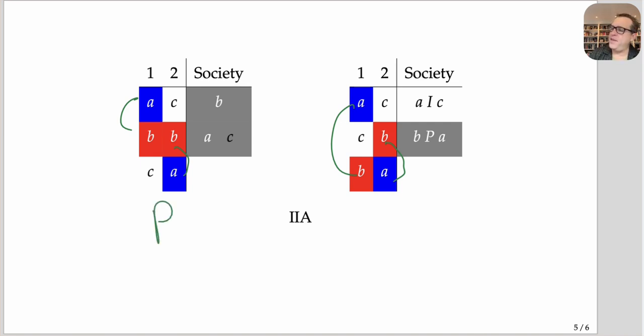In profile P, voter 1 ranks A above B and 2 ranks B above A. But in profile Q, 1 ranks A above B and 2 ranks B above A. So both voters' rankings of A and B are identical in both P and Q. What that means is society's ranking of B versus A must match what its ranking is given profile P. Since we assumed that society ranks B above A in profile P, it has to rank B above A in profile Q. Okay, so we now have society ranks B above A and is indifferent between A and C.